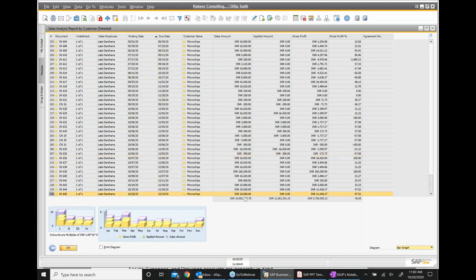And this invoice was for 24,030. The interesting fact is the profitability. If you see here, the profit is 47.52%. So we get 47.52% profit.